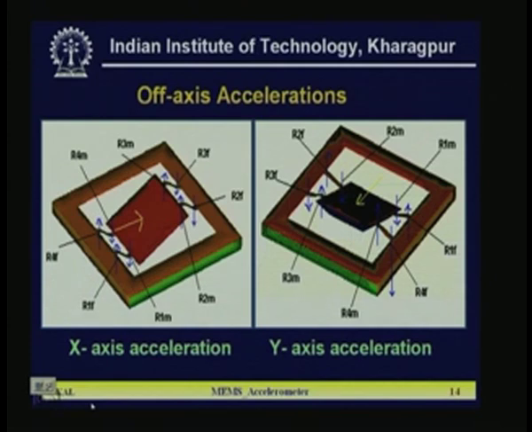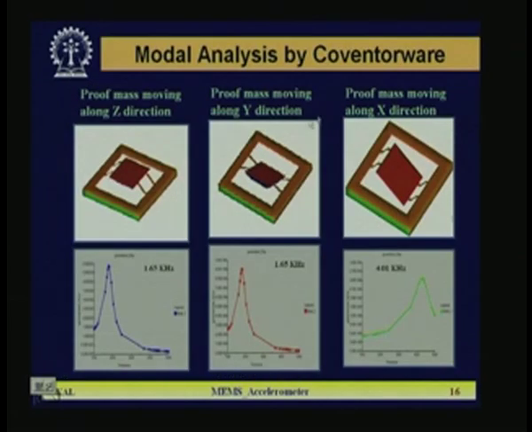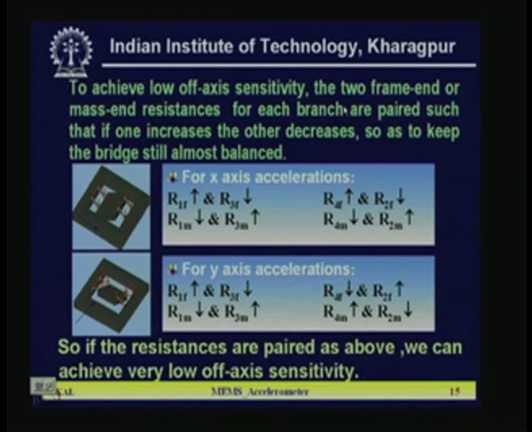Now if we summarize that, we can say to achieve low off axis sensitivity, the two frame end or mass end resistances for each branch are paired such that if one increases the other decreases, so as to keep the bridge almost balanced.